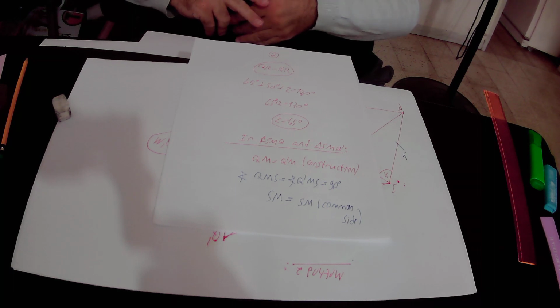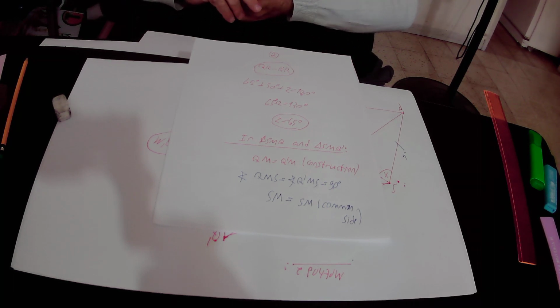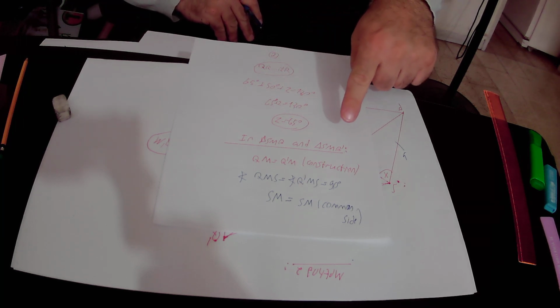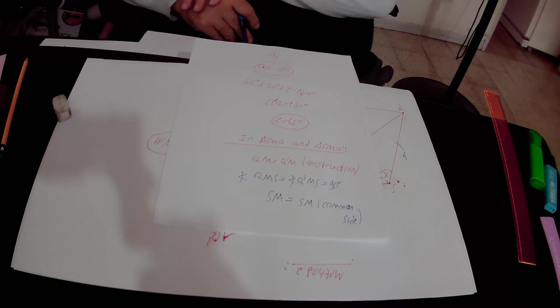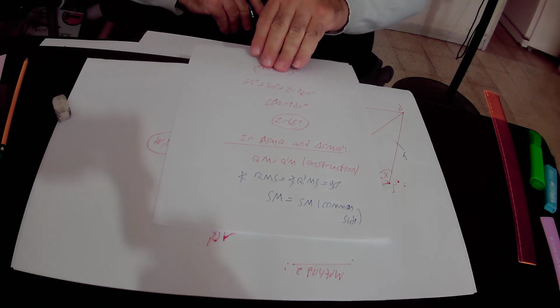So we actually proved that the right big triangle SMQ is congruent to the right big triangle SMQ dash according to the side angle side rule. So I'll write it down.